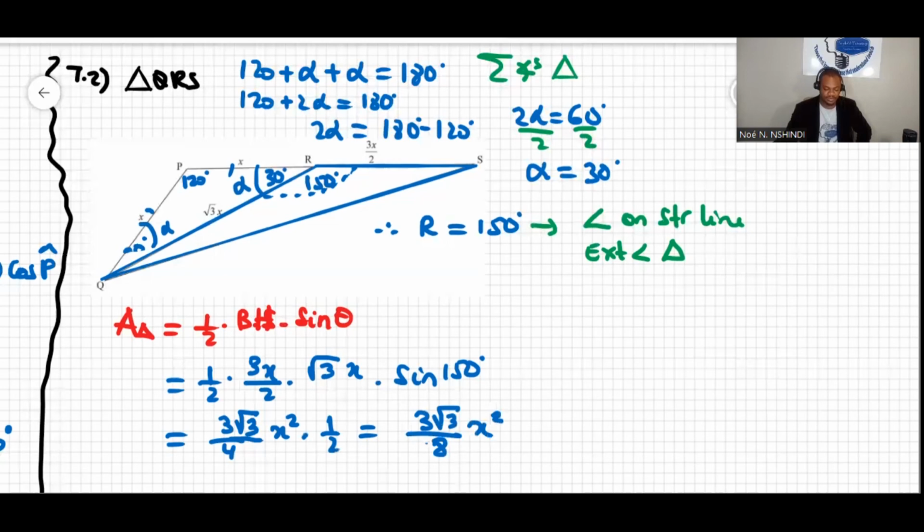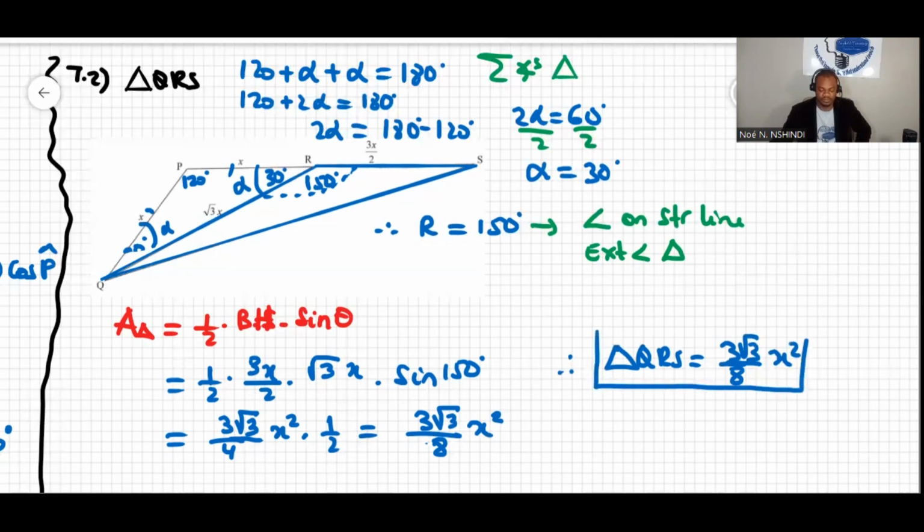So that's the area. Therefore, the area of the triangle QRS equals 3 over 8 root 3 x squared. Thank you.